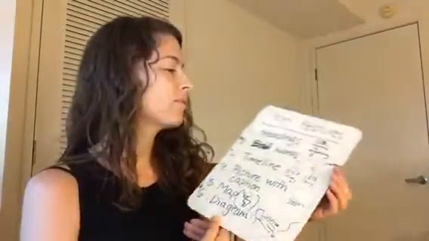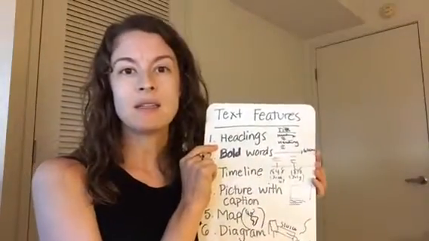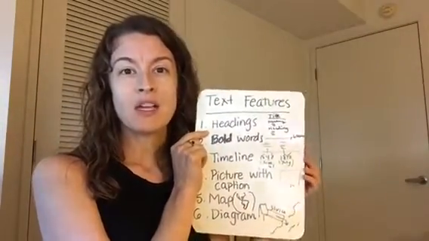So when you do a text feature, again, the purpose of it is to teach and focus on your big ideas, okay? Some text features you may be familiar with are the following. So we've talked about headings. So headings can be the way you categorize a chapter.